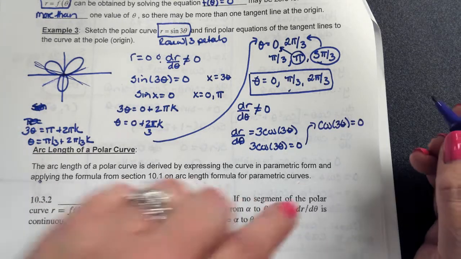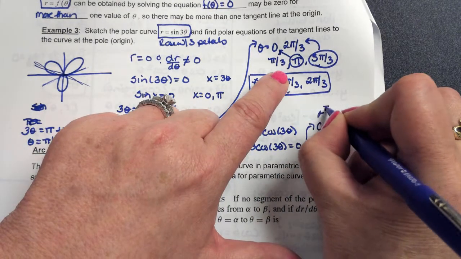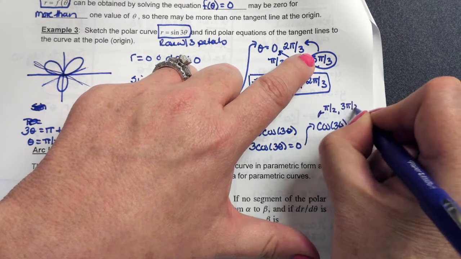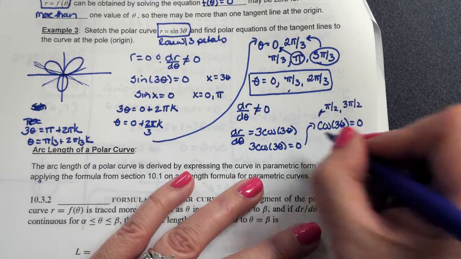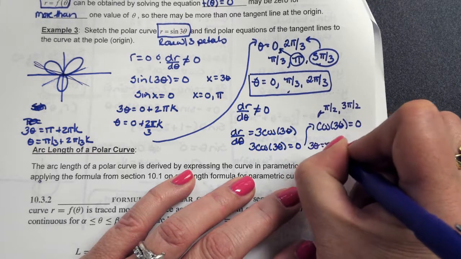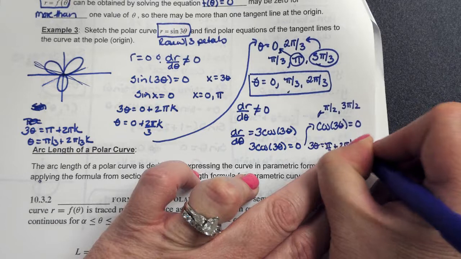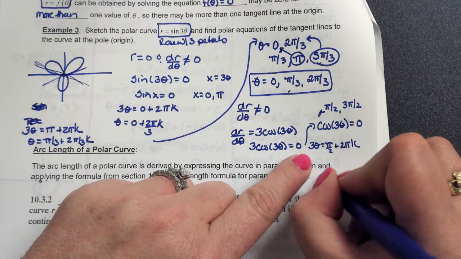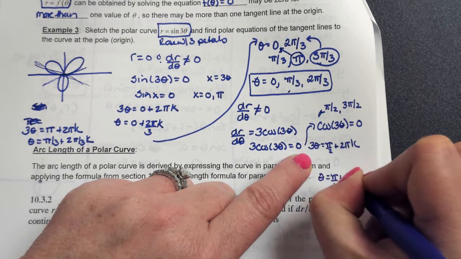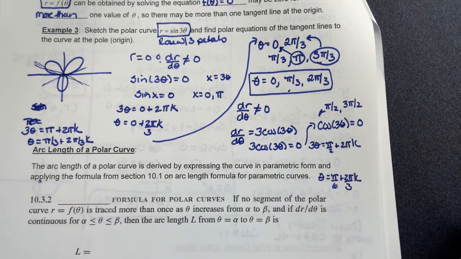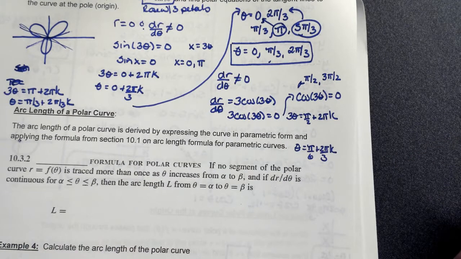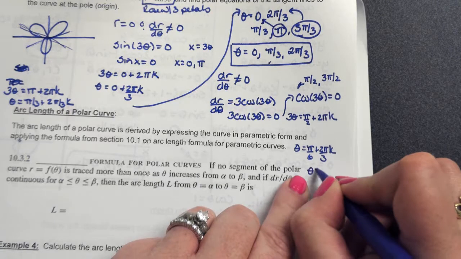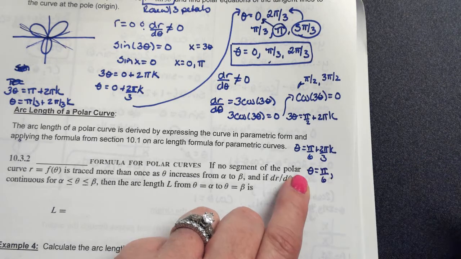So where is cosine equal to 0? Cosine is equal to 0 at pi over 2 and 3 pi over 2. Again, I have to do my general solution. So 3 theta is equal to pi over 2 plus 2 pi k. Divide by 3, and theta is equal to pi over 6 plus 2 pi over 3 times k. So now if I plug in 0 for k, one of my angles is going to be pi over 6.